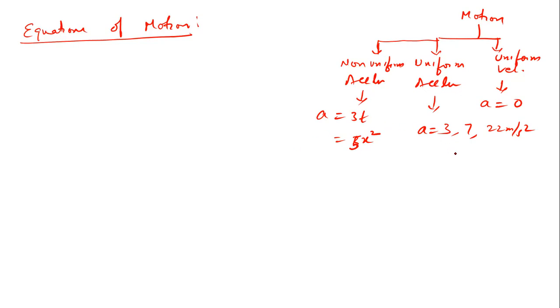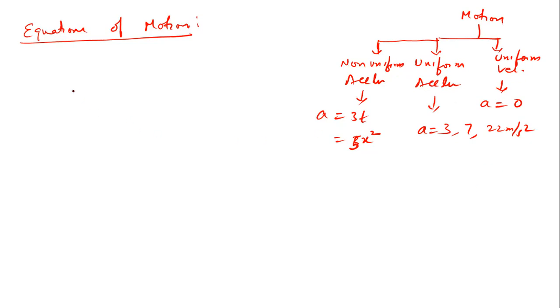In all other places where the acceleration is expressed as a number, you call it uniform acceleration, which is a constant value. And when that constant value is equal to 0, you get uniform velocity. If a number, a coefficient, is associated with a variable, then you call it non-uniform acceleration. This variable can be anything: time, speed, velocity, displacement, distance, square of distance, anything.